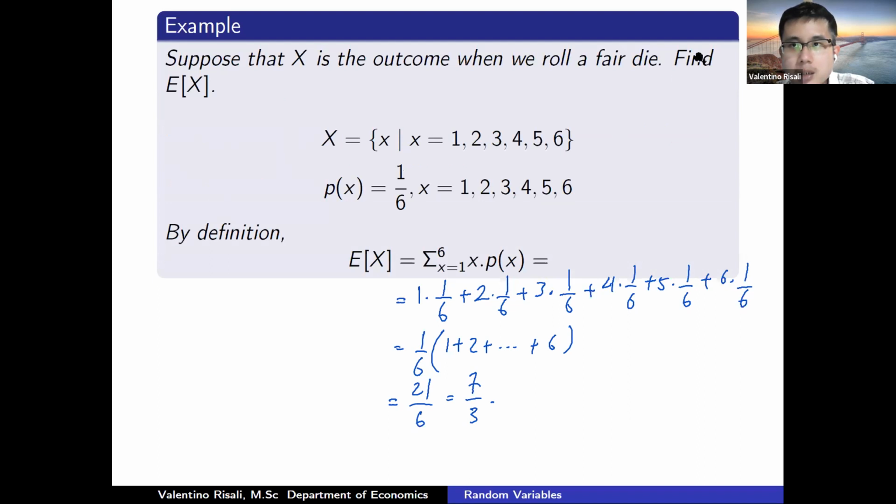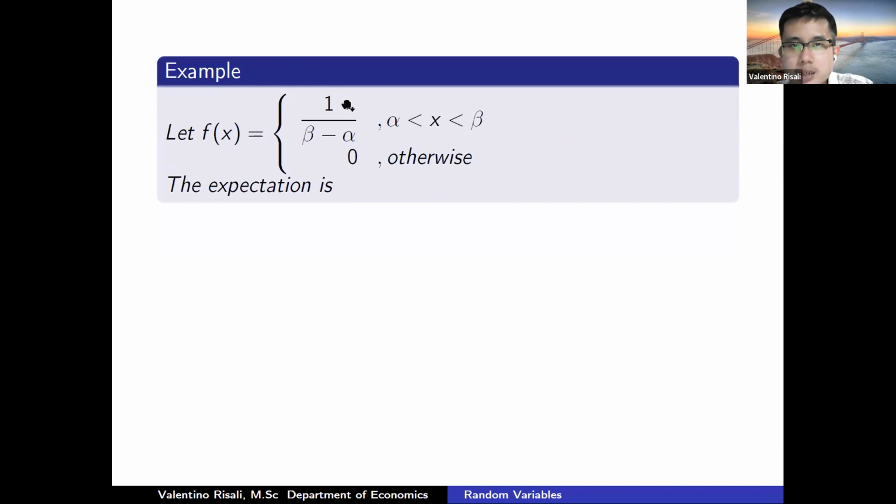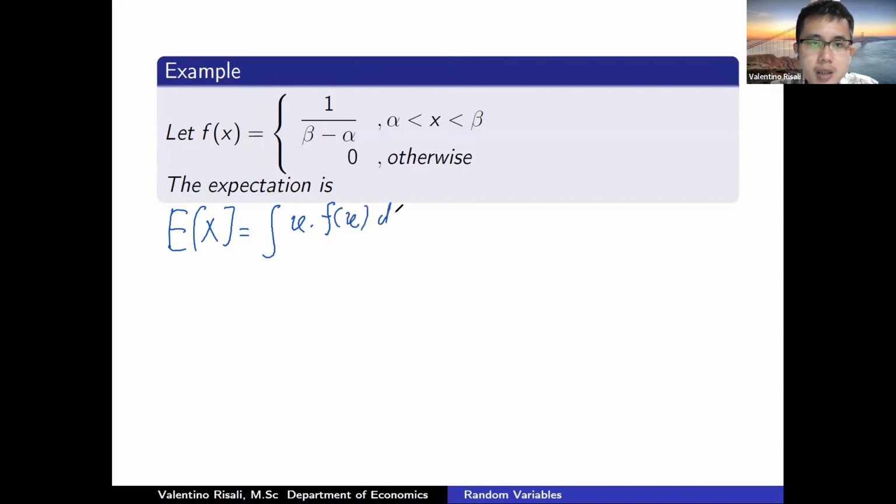And then, if we deal with the continuous case, we use the integral. Here is the PDF of random variable x, and because it is continuous, we use this integral of x times f(x) dx, with x from alpha to beta.